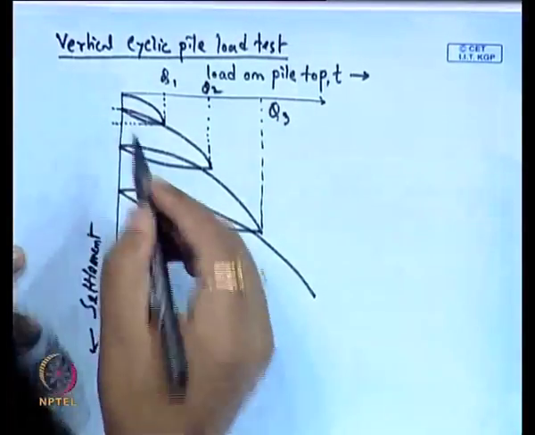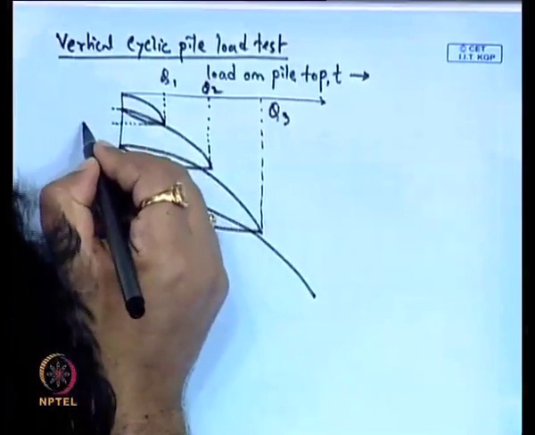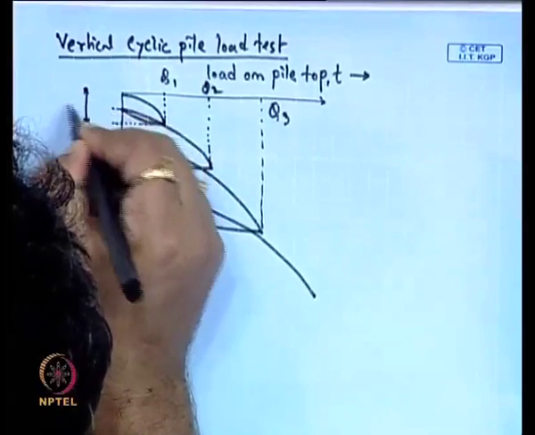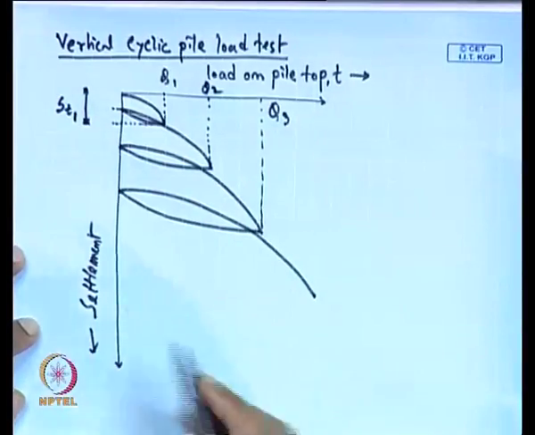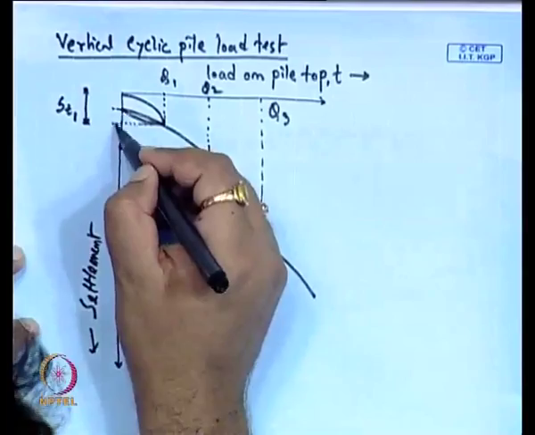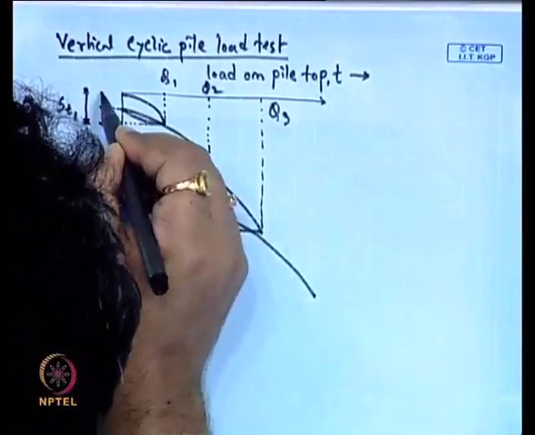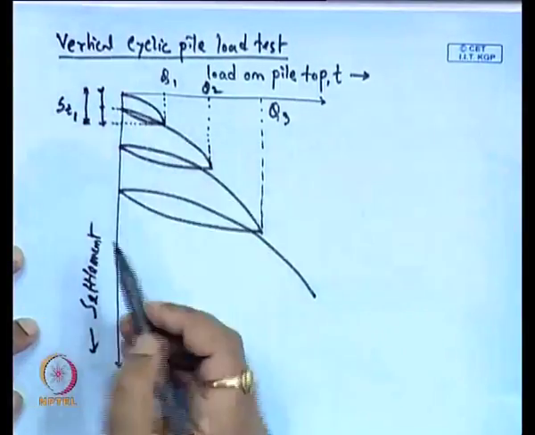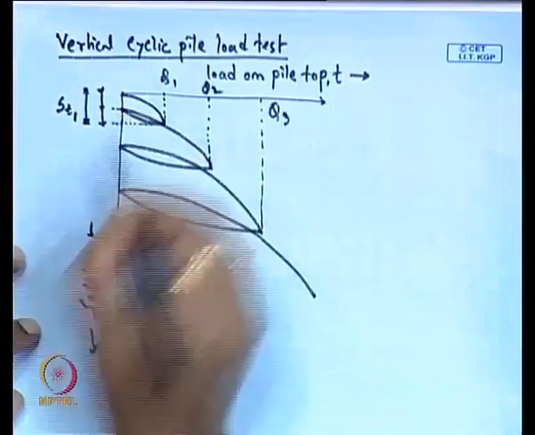Now, if I go through every step, this is our total settlement, ST1, the total settlement for the first loading increment. There are two parts. This portion is the permanent settlement, and this is the recovery part.